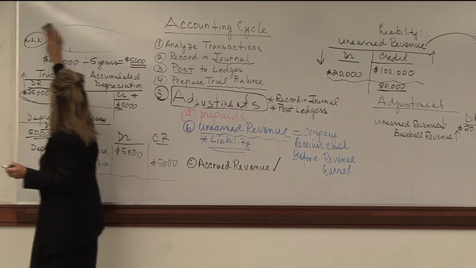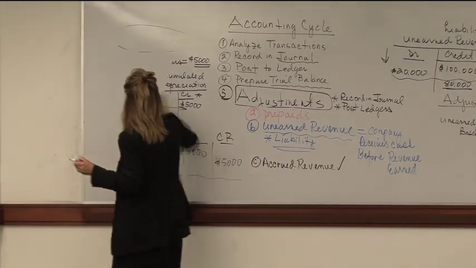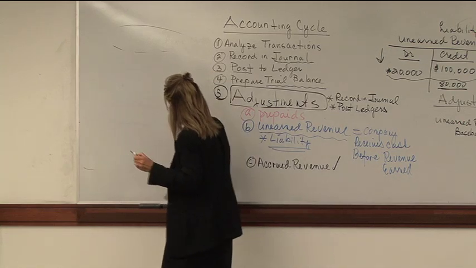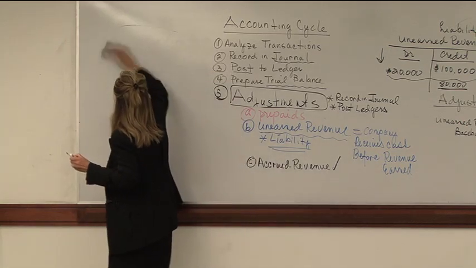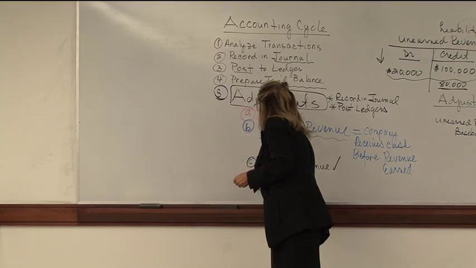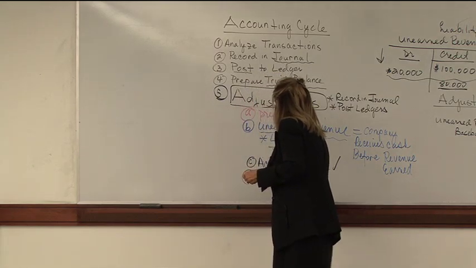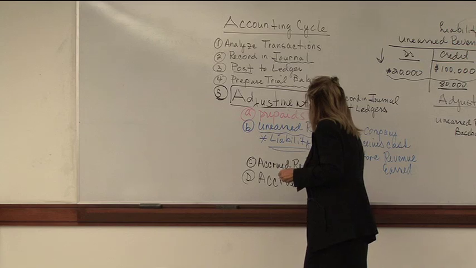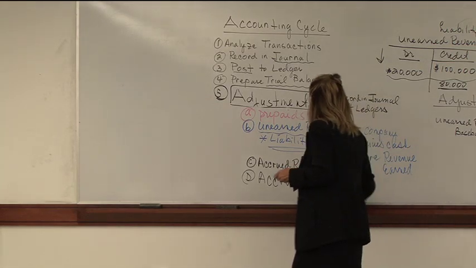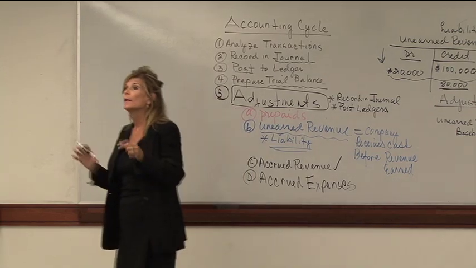category of adjustments is similar to accrued revenue, except it's for accrued expenses. And it's very, very important that when we prepare financial statements, those financial statements tell the story during the right time period.